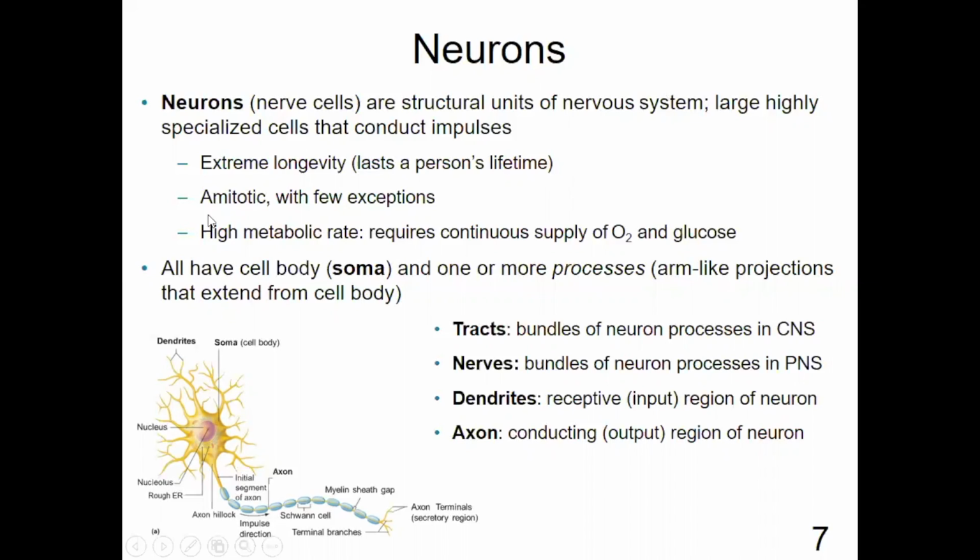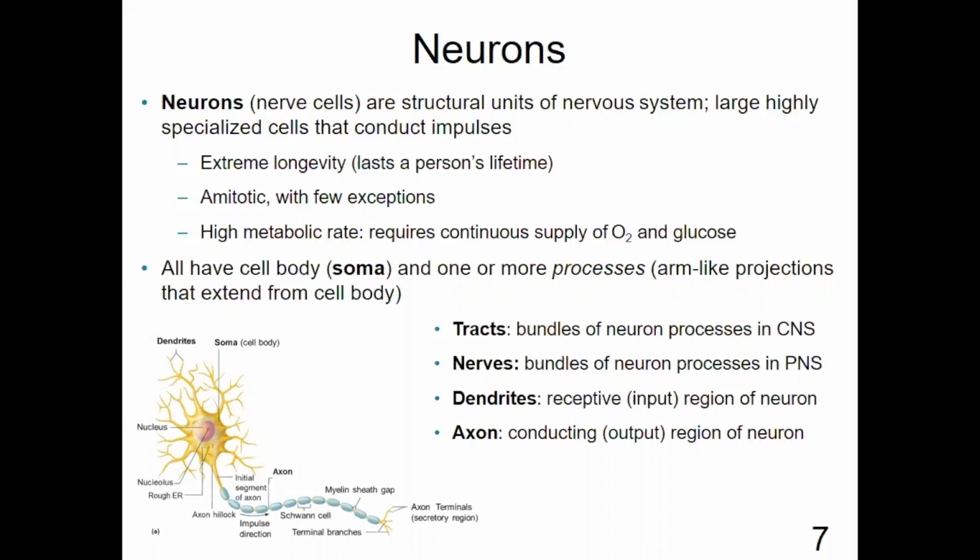They are amitotic, which means that any injury to the area, like in the case of traumatic brain injury, or in the case of a neurodegenerative disease, once those neurons are lost, there's very little our body can do. Our neurons are designed to last the person's lifetime, and so anything that damages neurons is really hard to treat.